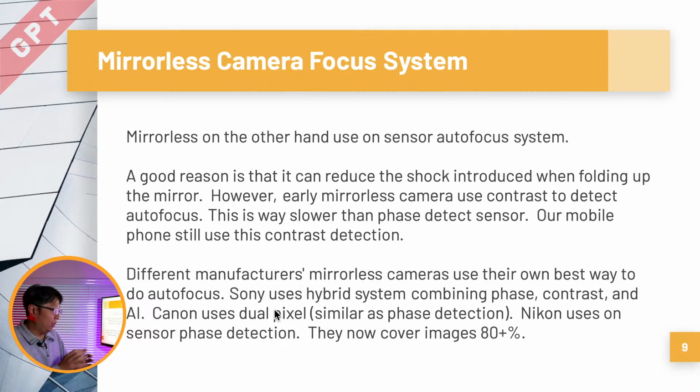The good thing is it covers almost 80+%. Some of them cover almost 90%. So it's really good. We don't have to worry too much about focus and recompose. So it's way better, and we reduce the risk that when we turn our body we lose focus on some subject there. Okay.